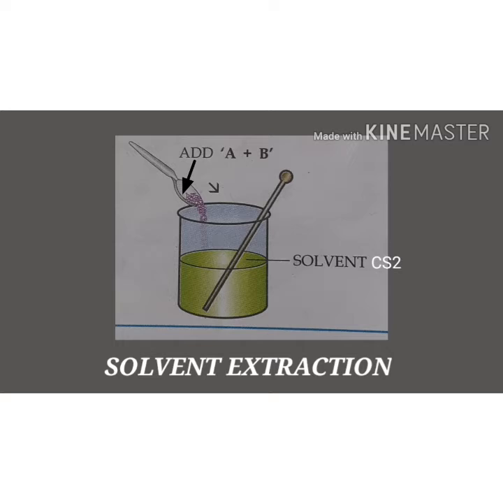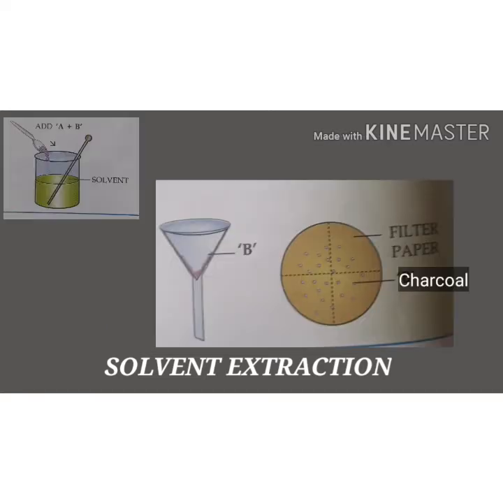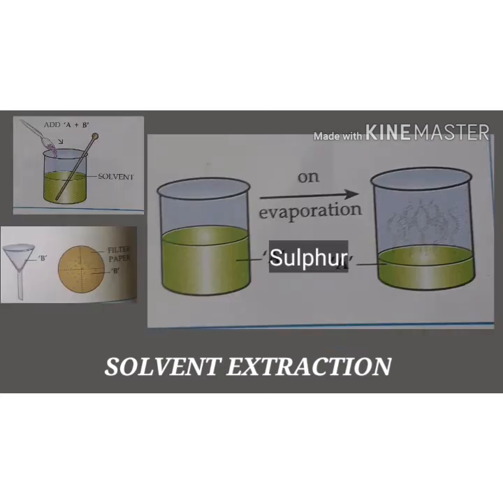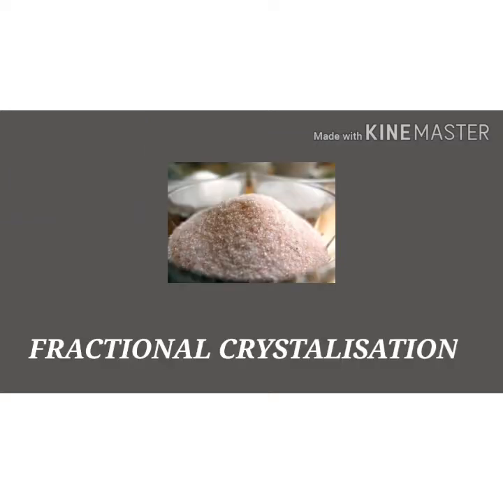When we add the mixture of sulfur and charcoal to the solvent, sulfur dissolves in the solvent and the undissolved charcoal is separated from the mixture through filtration, and after that sulfur can be separated from the solution through the evaporation process.